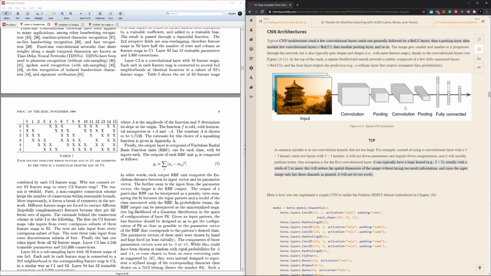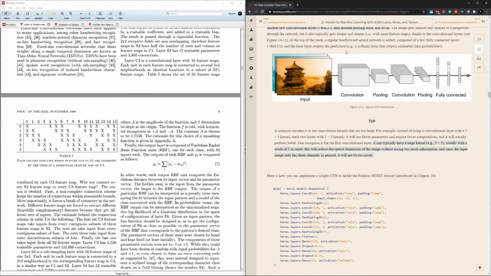And this regular feed forward network is added on top of it, and then the final layers of the prediction in the end, if you can see my cursor.